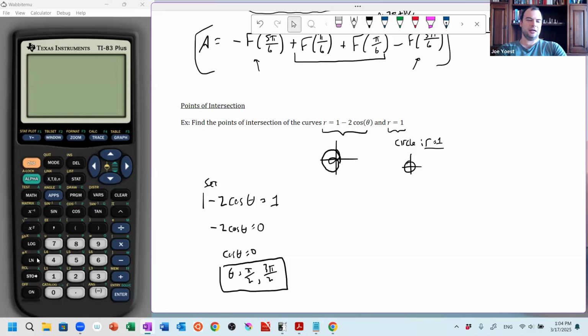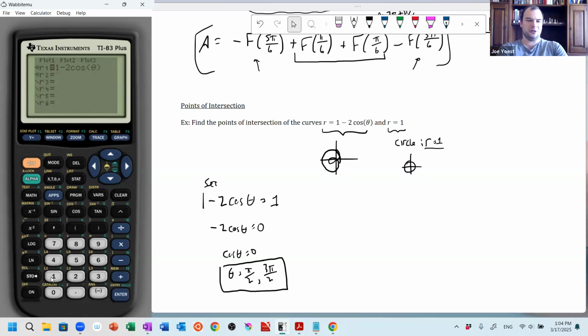Let's plot these on the calculator and make sure. All right, so what do I want? I want 1 minus 2 cos theta. And again, I'll change both of these to the circle plus leaving a line behind option.